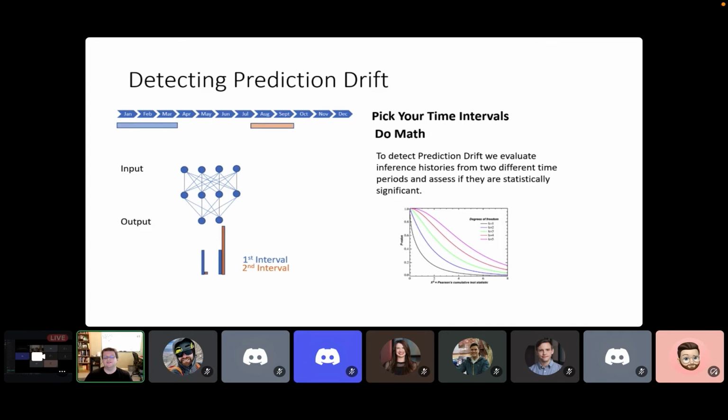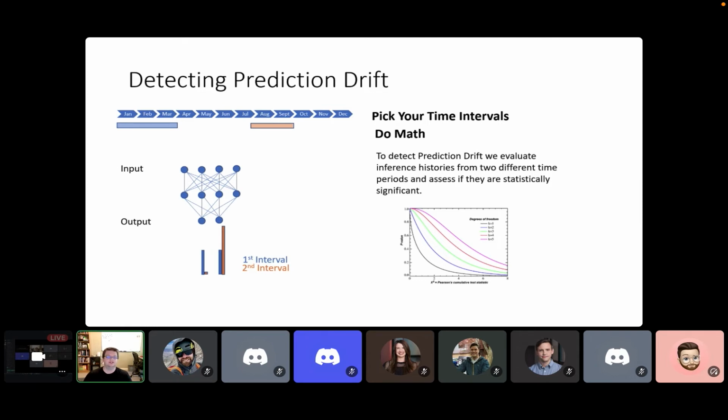And so in the vast majority of cases, what you're going to want to do is take that distribution and run it through some sort of mathematical statistic that you can threshold and make decisions on taking action or not. So in the Modsy case, what we do is run 2 different time intervals through the models. We calculate those time intervals, and then we run a chi-squared test to establish a 99% confidence interval on whether or not those 2 distributions are the same.